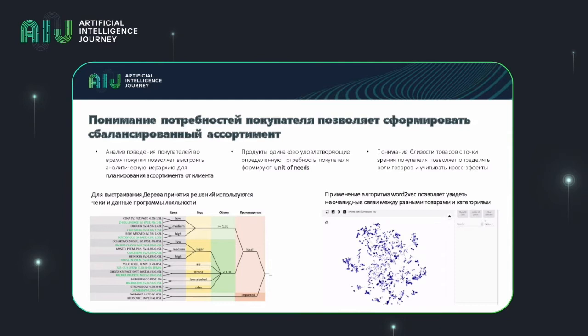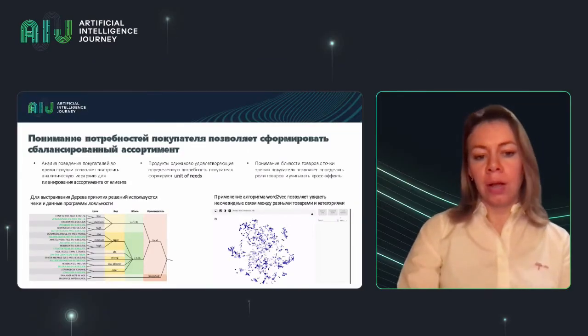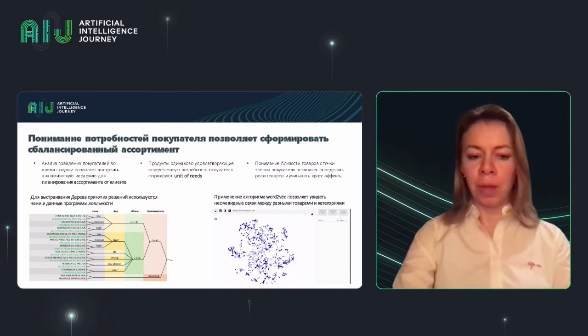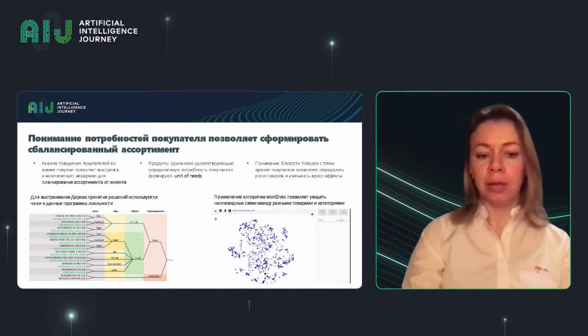At the next stage, we need to analyze what this assortment means for our buyers. What do they want to find in the shop, and how do they select the goods in a shop? So here we analyzed the receipts and the data from customer loyalty programs, because a customer loyalty program is an invaluable resource of information on what people buy and when, and why they change their preferences.